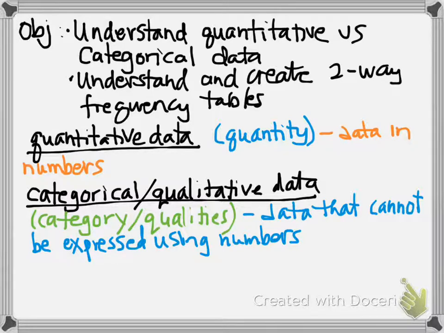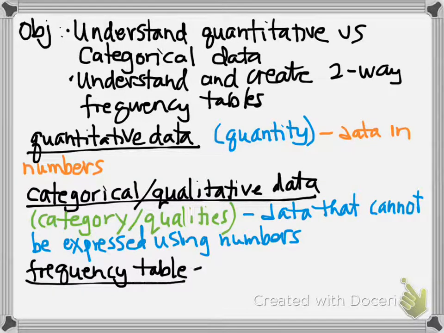Okay, so frequency table. And the key word that I want you to remember with frequency table is, frequency means how often. Okay, so that's all that a frequency table is answering, the question of how often. Chris, you with me? Yes.